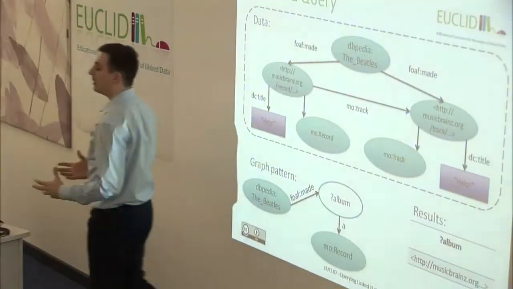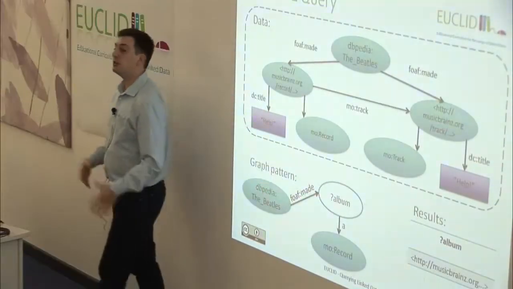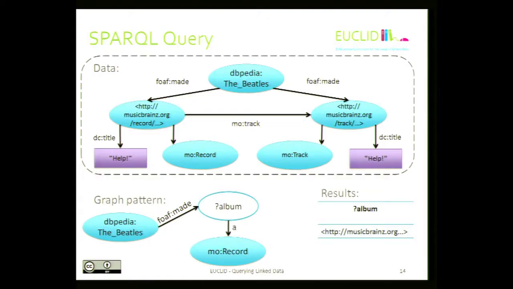And this is what I meant about a gotcha. We might, in writing the query, use the variable name album, but we could have used any other name. We could have used ?Barry, we could have used ?Euclid. Okay? It has no effect on the semantics what we name the variable.